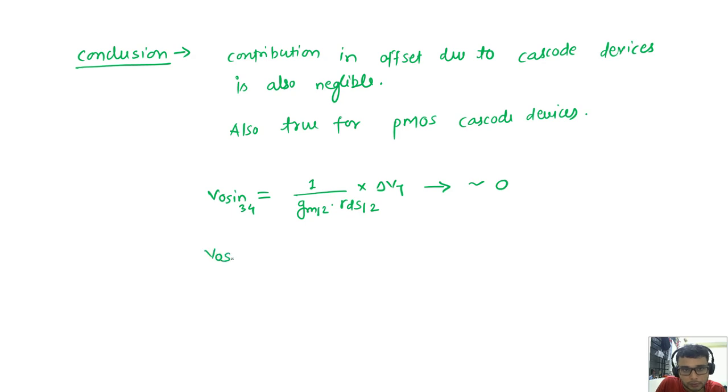And similarly the VOS at input due to mismatch in devices 5-6 is what? 1 upon GM12 RDS of the upper devices. The RDS of the upper devices is what?